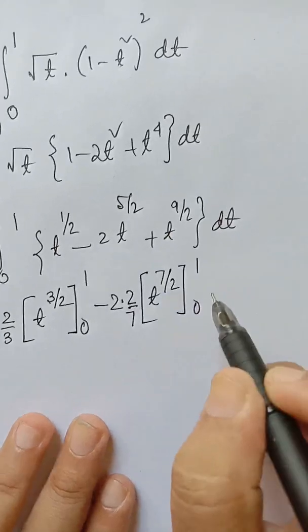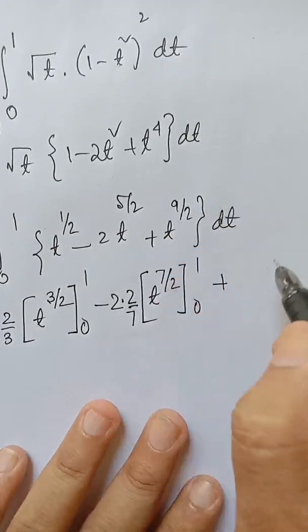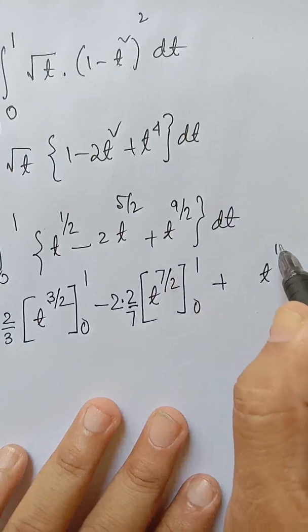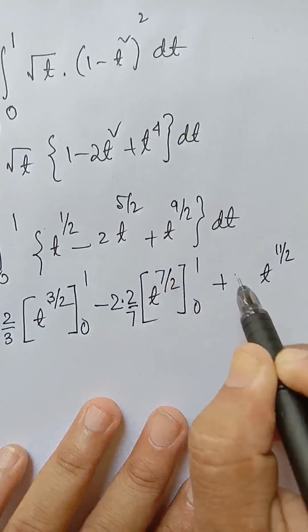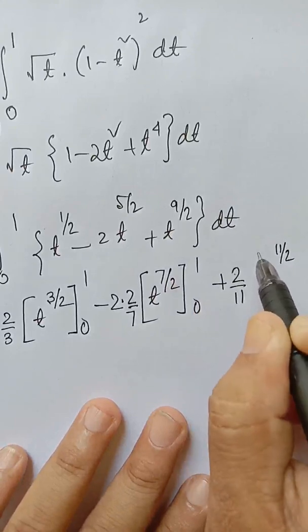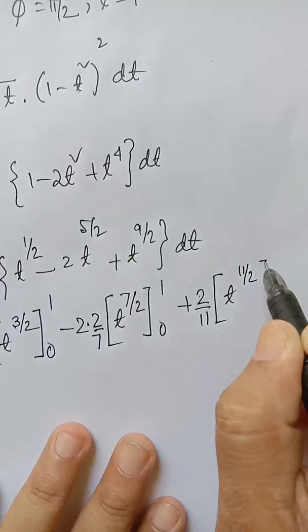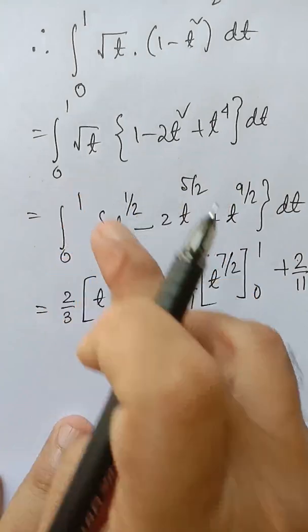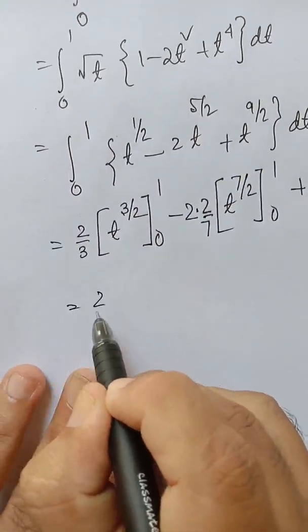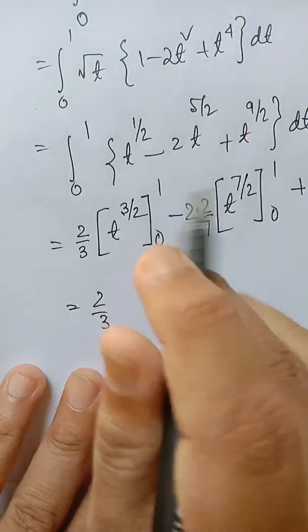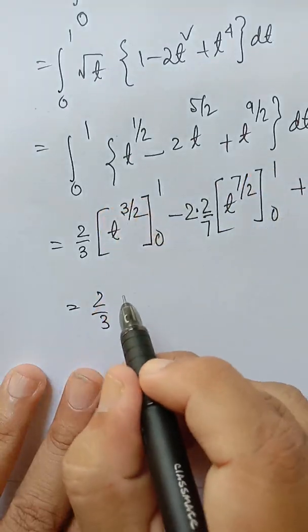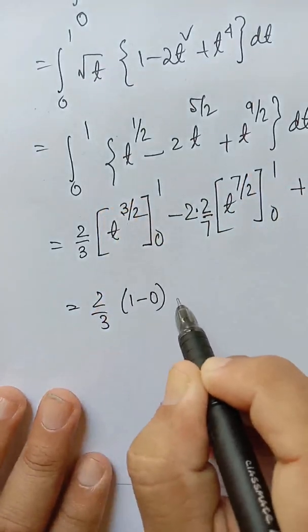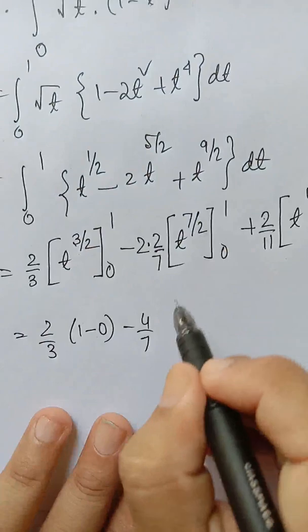0 to 1. Integration of t to the power 9 by 2 is t to the power 11 by 2 by 11 by 2, which will become 2 by 11, 0 to 1. Okay, for each integral the limit is 0 to 1. We will put t equal to 1. If we put t equal to 1, this will become 1, 1 minus 0 is 1, so 1 minus 4 by 7.